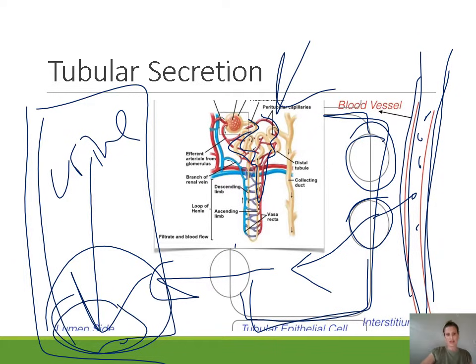Once it's in the lumen, it's making its way through the tubule, where eventually, as long as it doesn't get reabsorbed, it'll make its way into the collecting duct, which then gets dumped out into the whole collection system of the kidney, like the minor calyx, the major calyx, renal pelvis, and then the ureter.